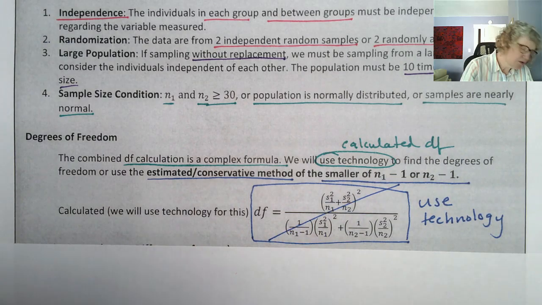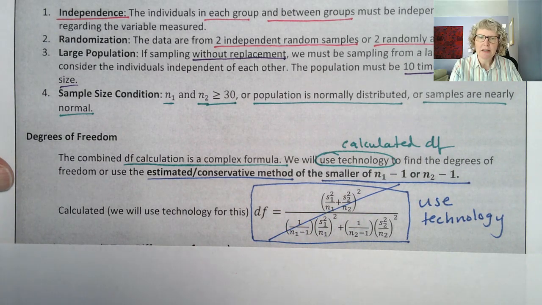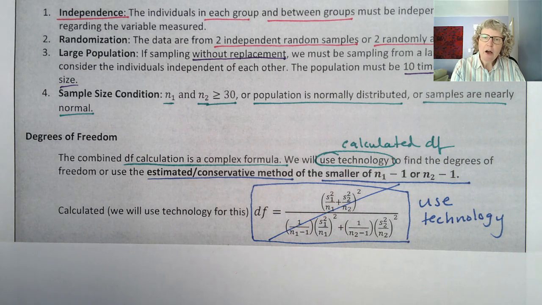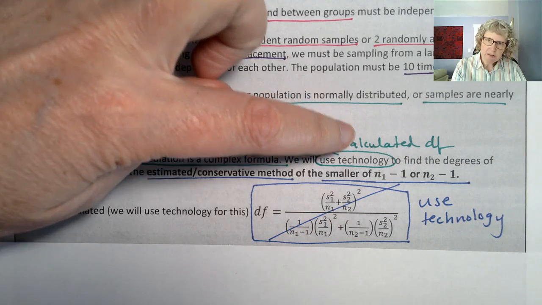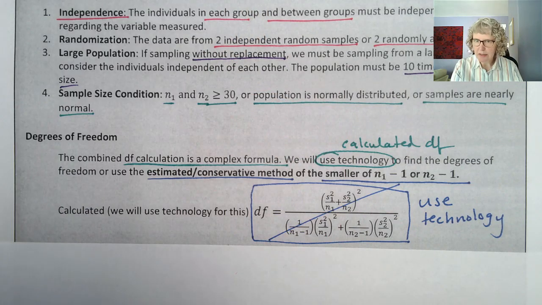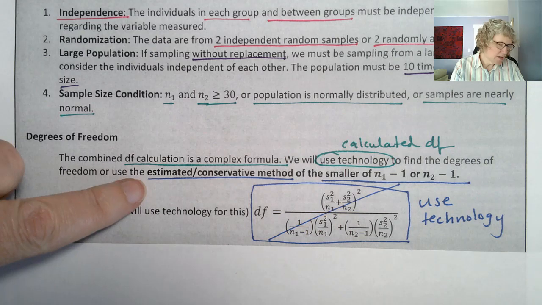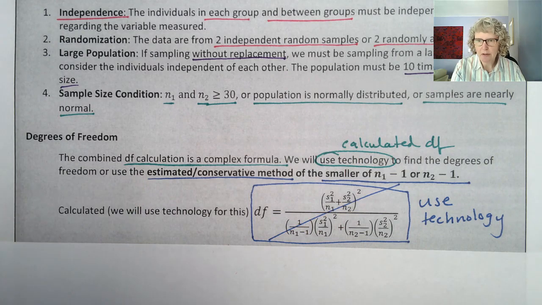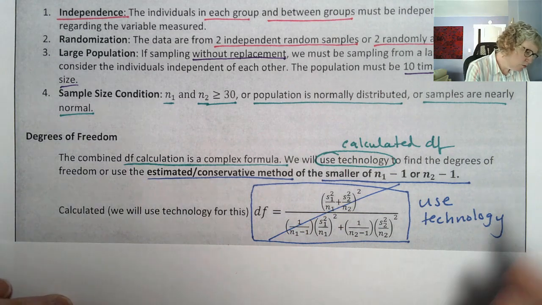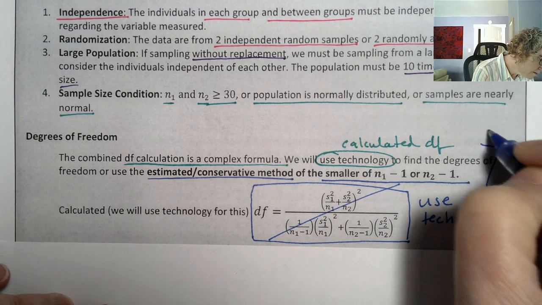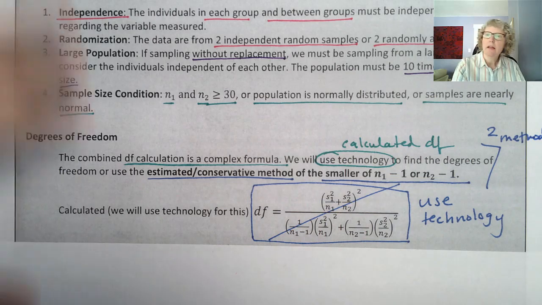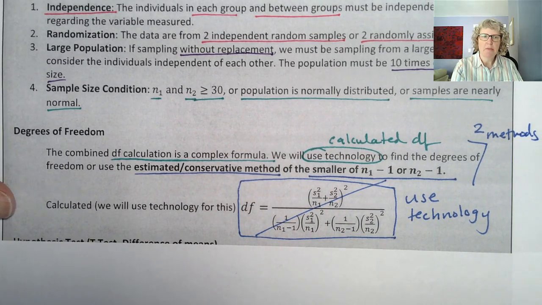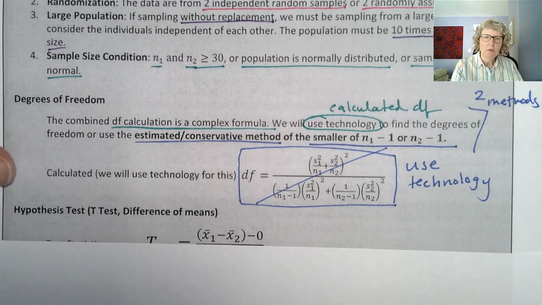Okay, and I'll show you where that's given in the technology. So keep an eye out because questions will say either use the calculated degrees of freedom, and they'll generally give you what that is, or they'll say use the estimated or conservative method. Okay, so there's two methods. And we'll be comparing these two methods just to see what they look like.